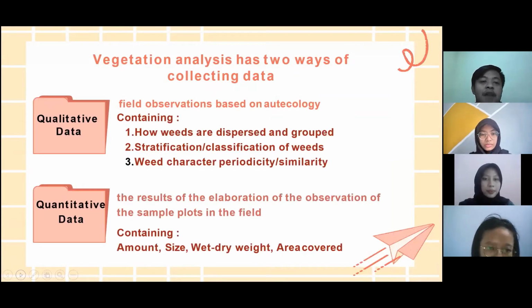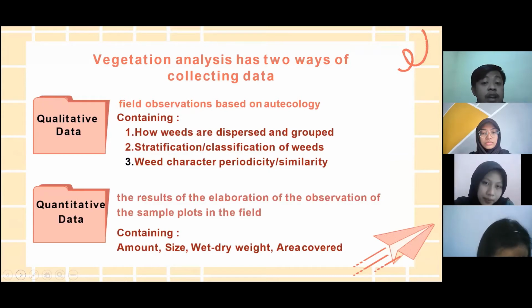Next, vegetation analysis has two ways of collecting data. First, qualitative data. It is based on field observation based on autecology. It contains: first, how weeds are dispersed and grouped. Two, stratification or classification of weeds.